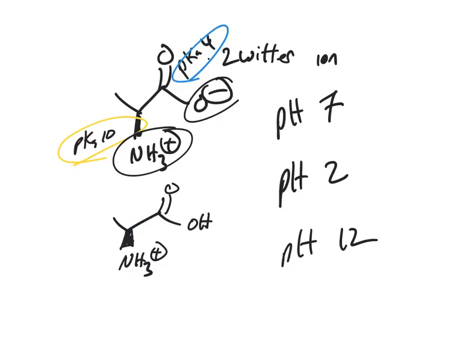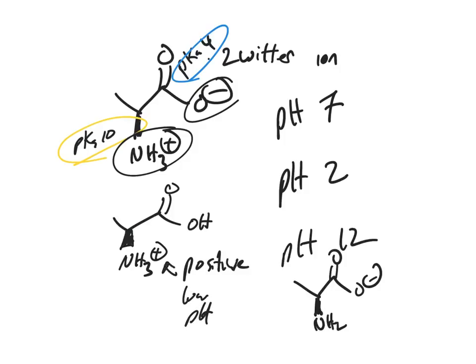And this is going to give us a compound which is going to be overall negative. So this one over here was positive at low pH because we have this group here, and then this one at high pH is negative.